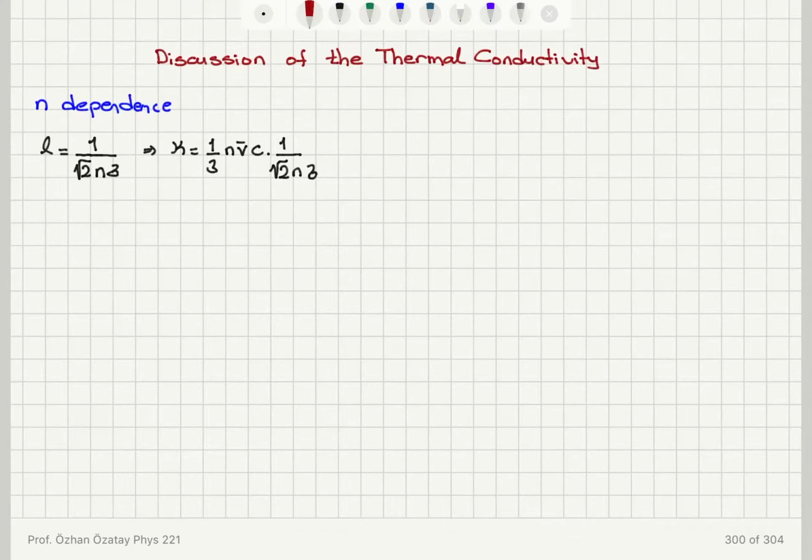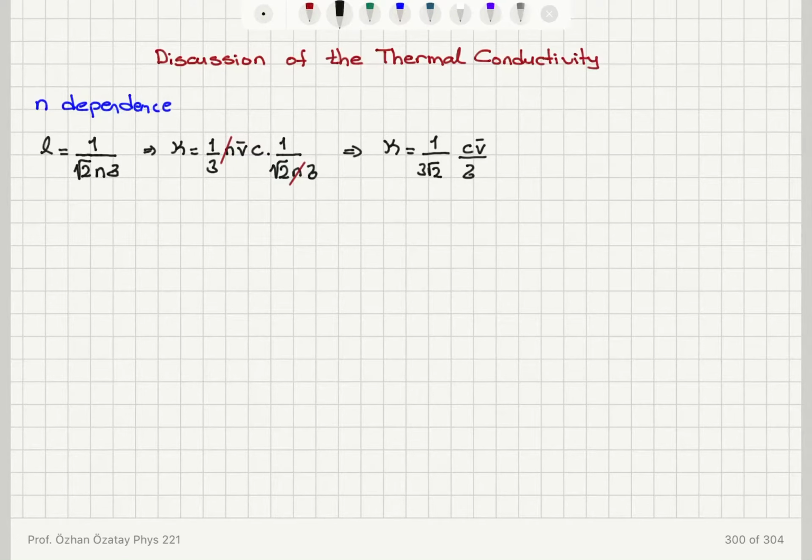So you can see that these two n's will cancel each other, and at the end we will get a thermal conductivity kappa equal to 1 over 3 square root 2 times c v bar over sigma.